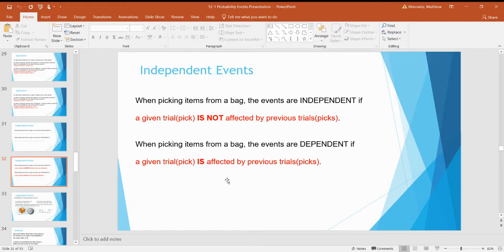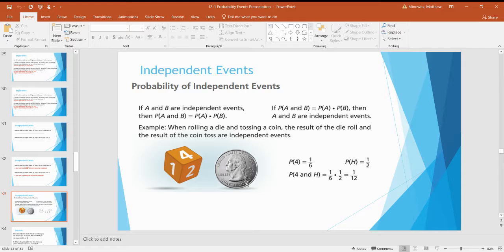So generally, when you're doing replacement, if you replace the item and pick again, that's independent. But if you take something out or you change how it's working, let's say I can't pick that first green marble again, then it's dependent. And we have some formulas related to that.